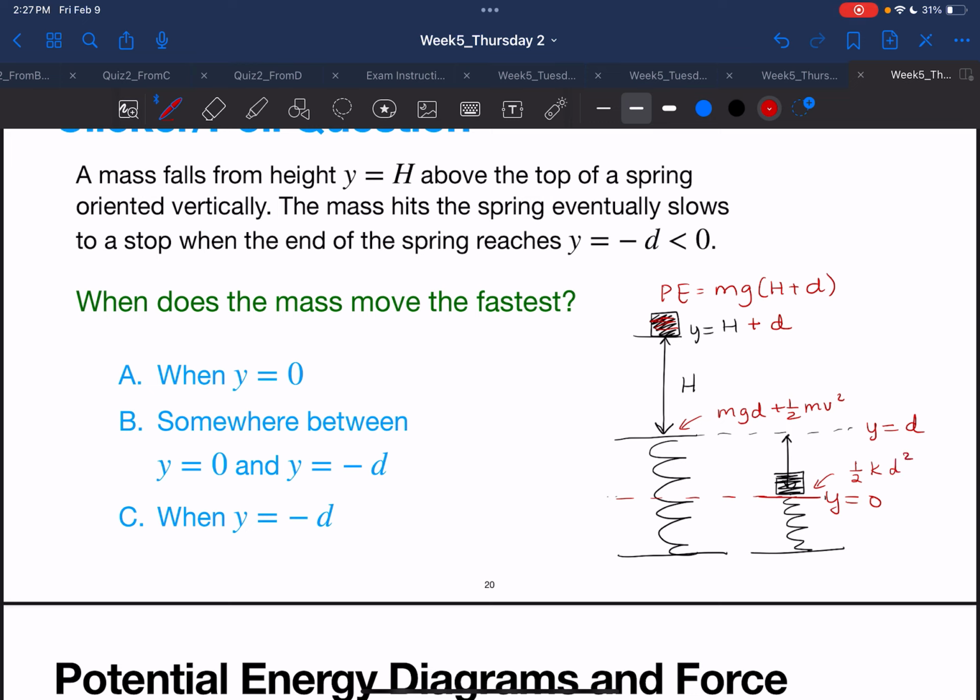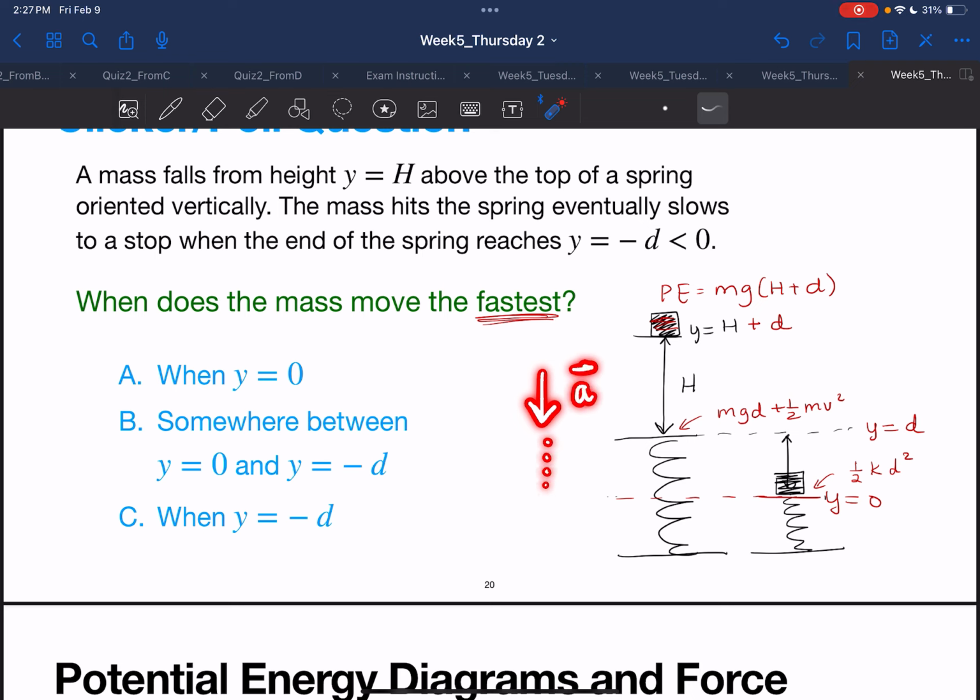So we know we want to maximize our kinetic energy for this thing to be moving the fastest. For this particular example, it actually helps to take a look at the sum of the forces acting on this block and ask, what's the acceleration of the block? Because basically, as long as the block is accelerating in the downward direction, it's getting faster and faster.